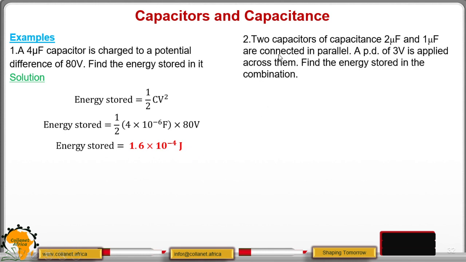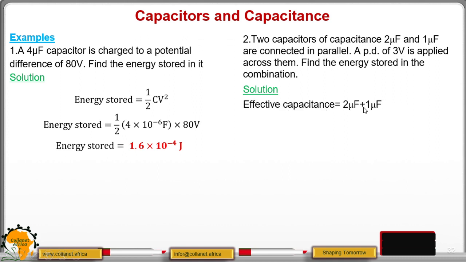Then question number 2. Two capacitors of capacitance 2 microfarads and 1 microfarad are connected in parallel. A PD or potential difference of 3 volts is applied across them. Find the energy stored. First of all, we need to get the effective or the combined capacitance.